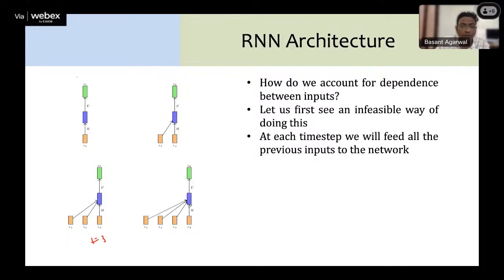a desirable solution, because it will violate one condition which we have set so far, that at each timestamp the function that we want to execute should be the same, and the parameters between different timestamps should be shared between all the networks. Okay, so what we want is that at each timestamp the function that we execute should be the same.